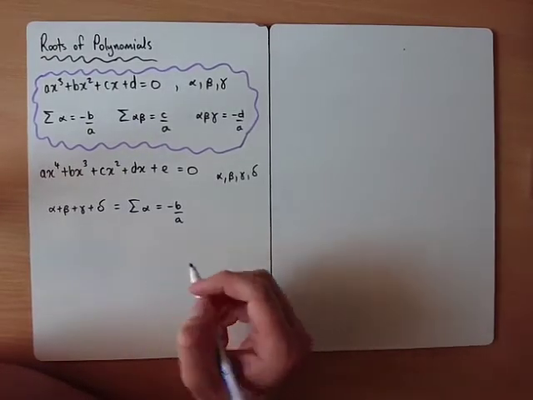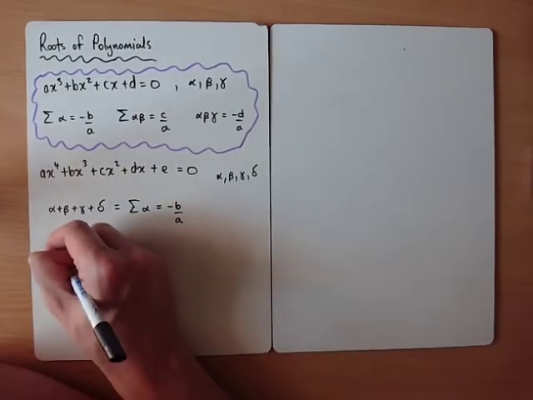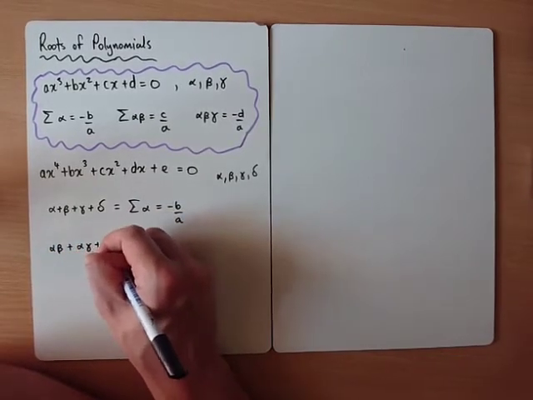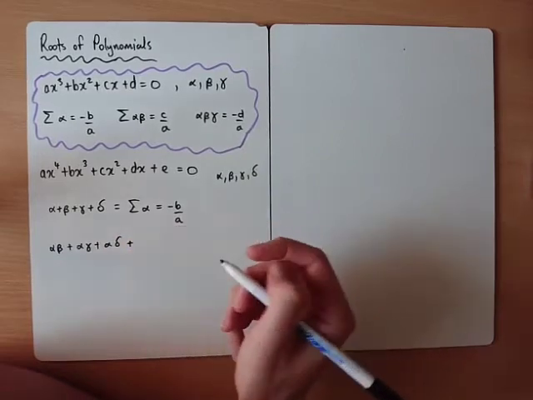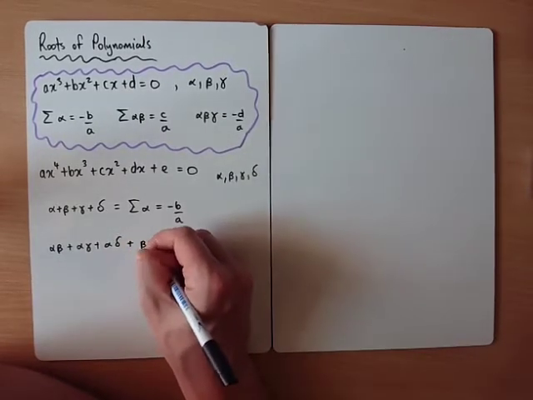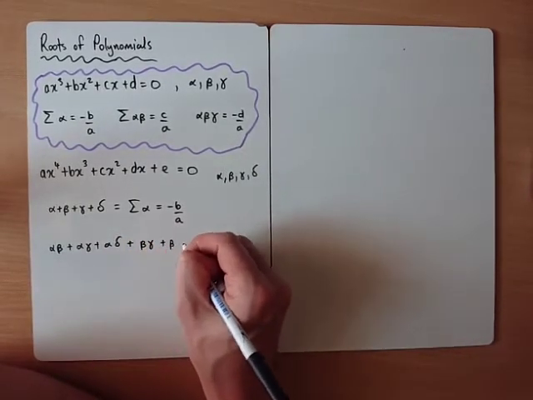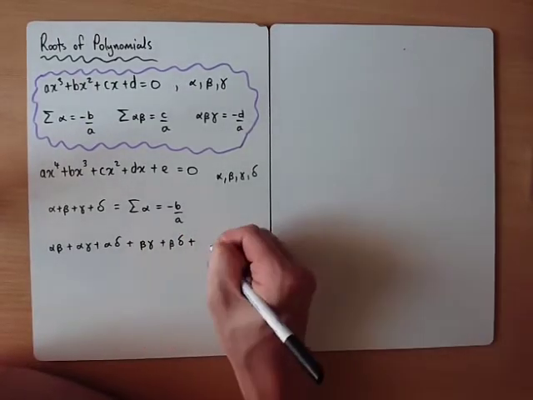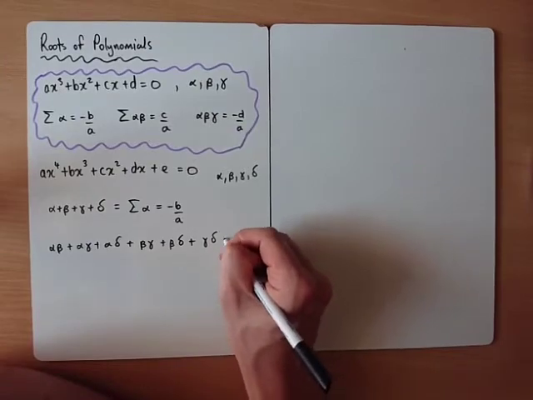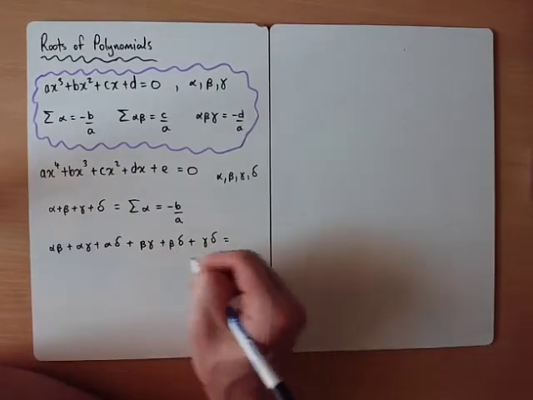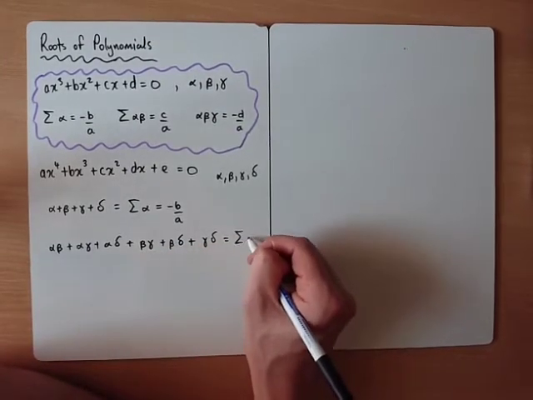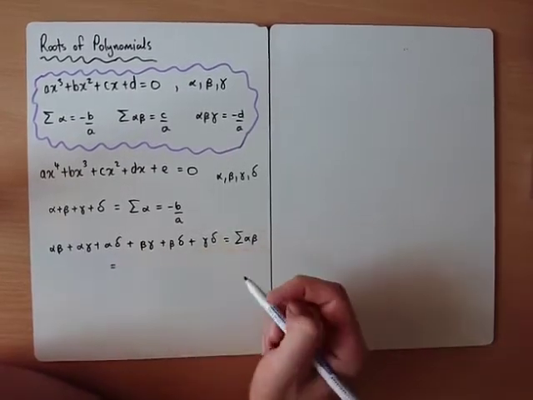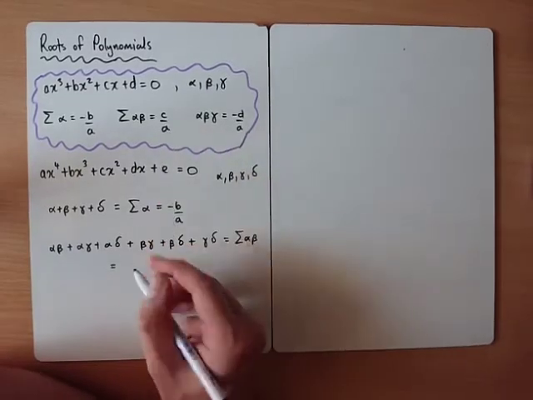Then we've got to think about the pairs, so alpha beta, plus alpha gamma, plus alpha delta, plus beta gamma, plus beta delta, plus gamma delta. And you can see why I'm not going to write that out. That's just the sum of the pairs of roots. That would be equivalent to c over a.